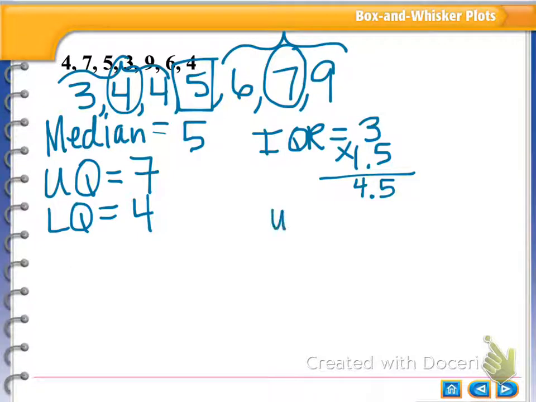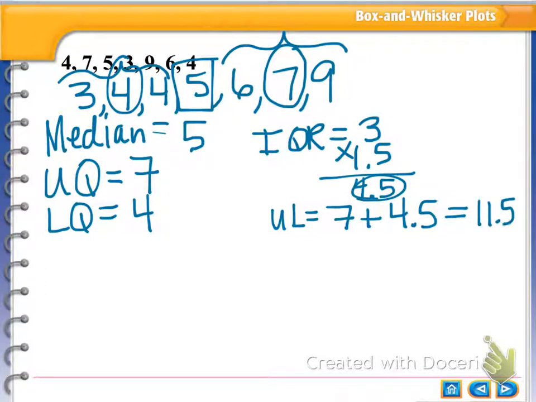Okay, now I need my upper limit. To find my upper limit, I take my upper quartile, which was 7, add 4.5, that special number, to it. All right, so that would give us a total of 11.5 as my upper value, my upper limit.